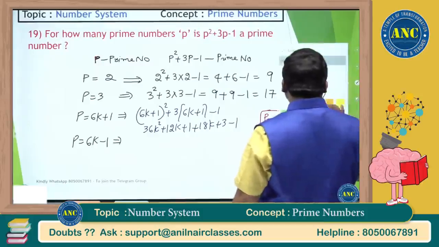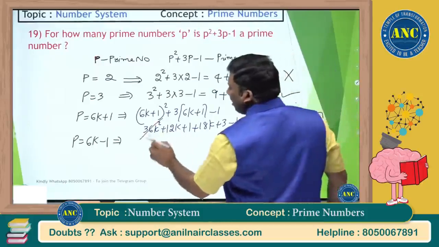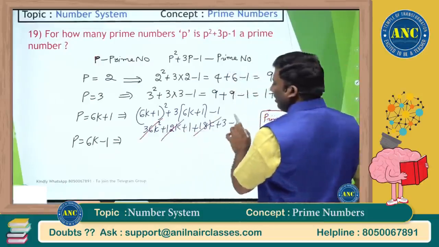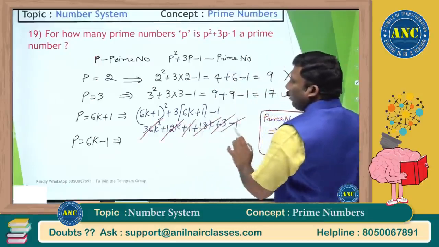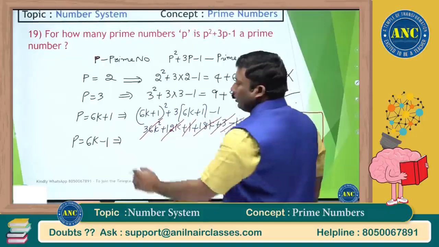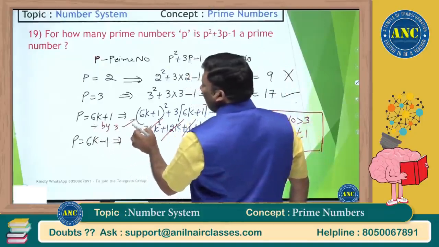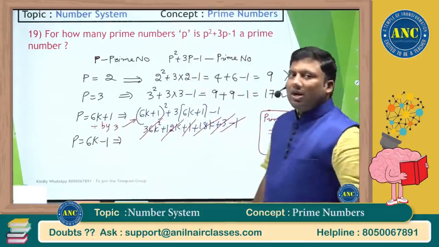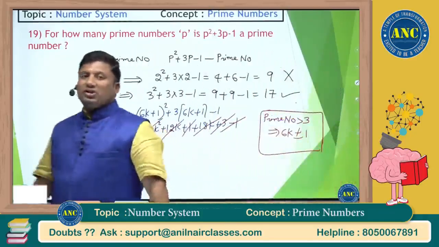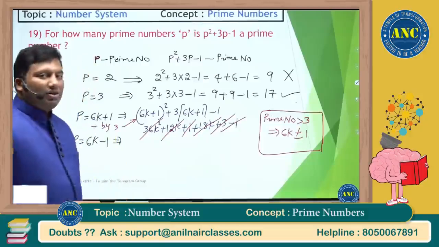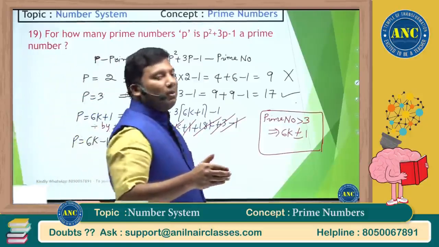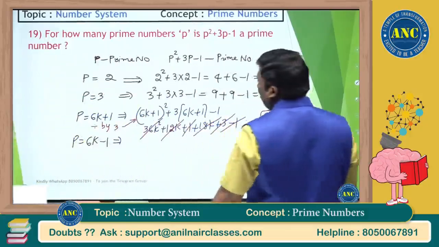If you observe closely here, each term is divisible by 3, and 1 minus 1 cancels. That means if I take prime numbers of the form 6k plus 1, the expression P square plus 3P minus 1 is divisible by 3. If a number is divisible by 3, it becomes a composite number.